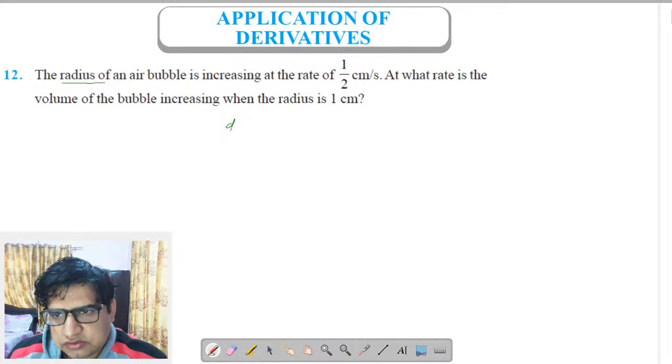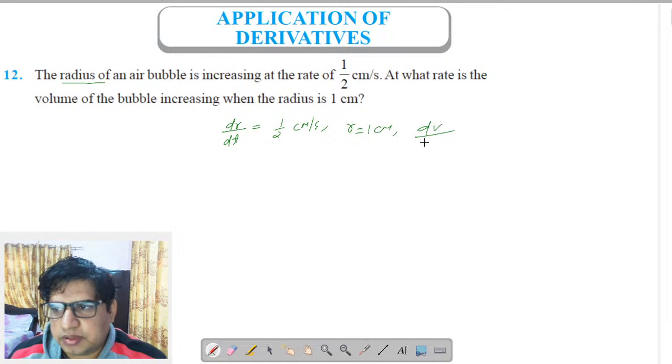So dr by dt is given to us as 1/2 centimeter per second. At what rate is the volume of the bubble increasing when radius is equal to 1 centimeter? So the radius is given to us as 1 centimeter, and what we need to find is the volume of the bubble, so dv by dt, the change with respect to time when the radius is equal to 1 centimeter.